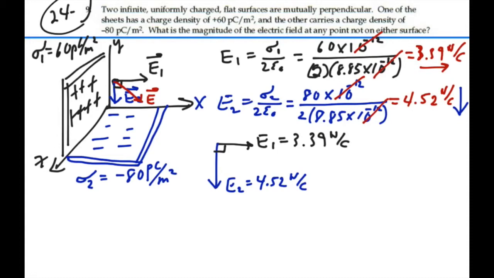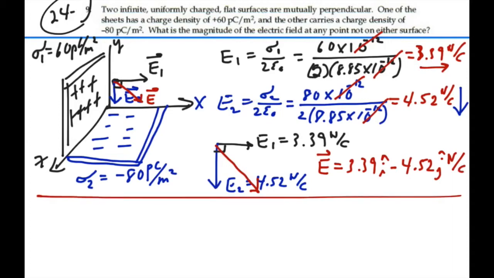We want the magnitude of this electric field, so we want the magnitude of that vector right there. In other words, if I wrote this as a vector, my total field would be equal to, as I'm drawing it, 3.39 i minus 4.52 j newtons per coulomb, and I would just be finding the magnitude of that vector.